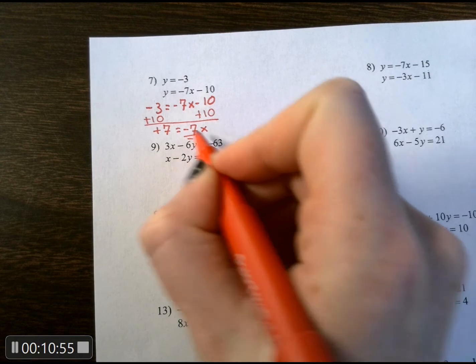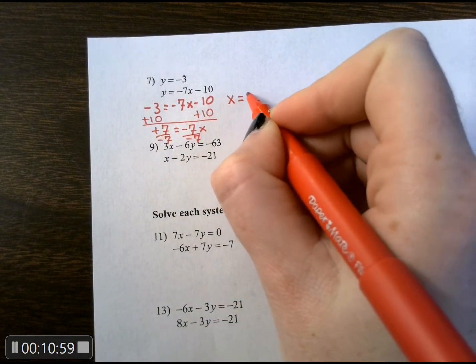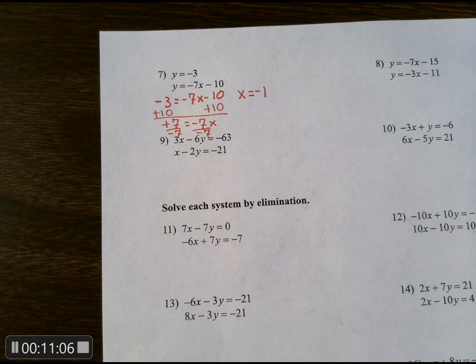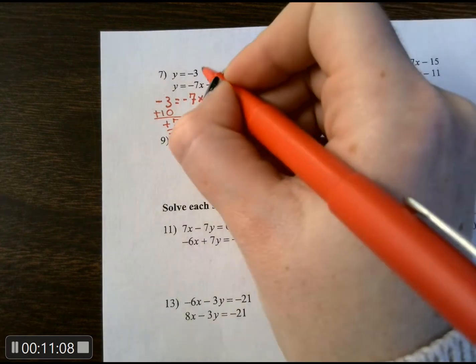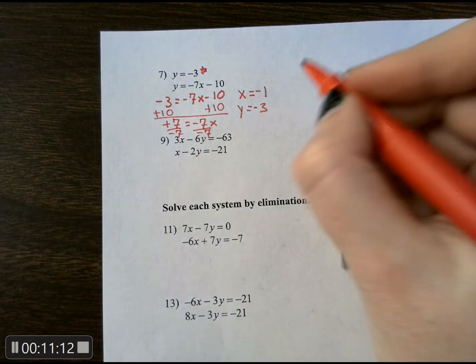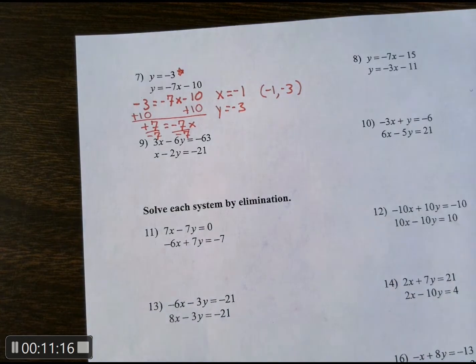Divide by -7, so x equals -1. Just by looking at the equations, what does y equal? Y equals -3. So then our coordinate point is (-1, -3). And we're done with that one.